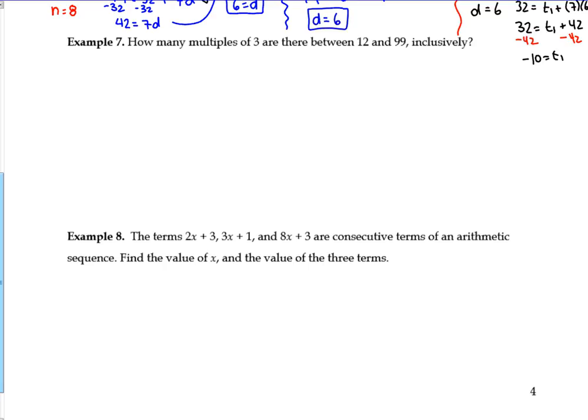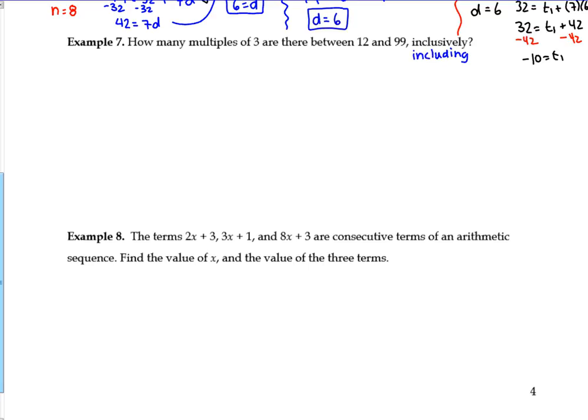If you're inclusive, you are including. So, including 12 and 99. If you're inclusive, you're including. Exclusively, you're excluding.